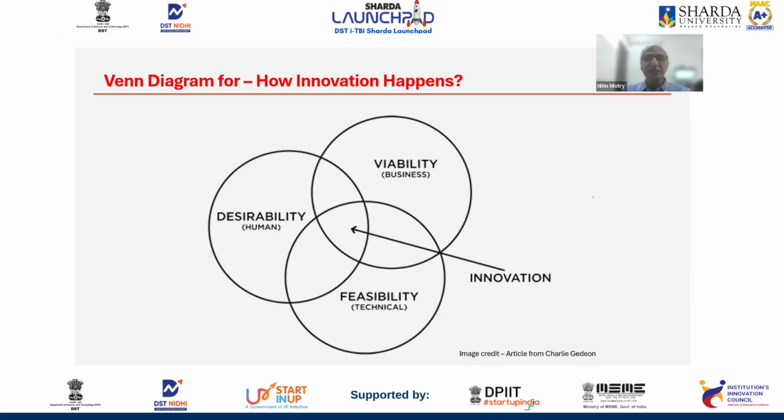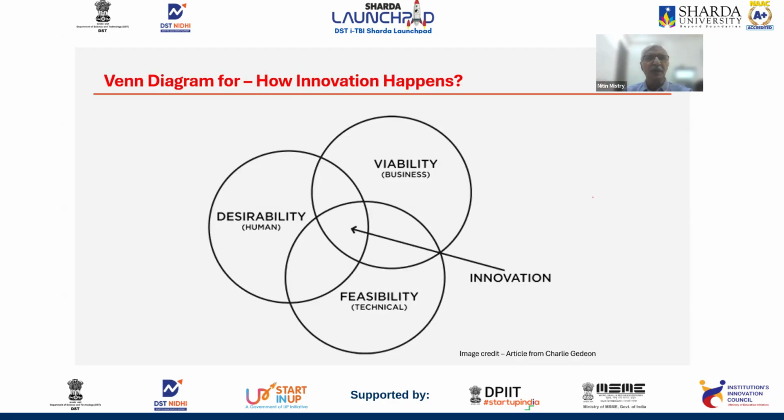Second is feasibility. What is technically possible? This considers the resources we use, the technology we put in, and the skills we require to develop this solution. That is the feasibility aspect. And last and very important, viability. It focuses on the financial and market potential, ensuring that innovation can sustain and grow in the longer term.